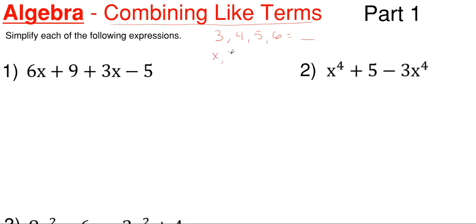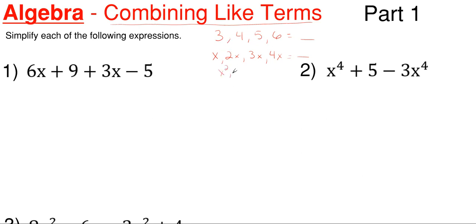We would do the same thing if we had x variables attached to these numbers. Since they are all x, instead of having x, 2x, 3x, and 4x, we would add them together to get a final solution, which would be, let's see, 4 plus 3 is 7, plus 2 is 9, and that would be 10x.